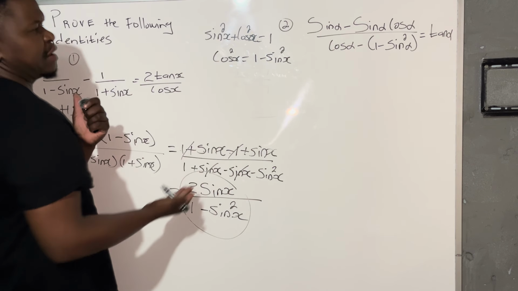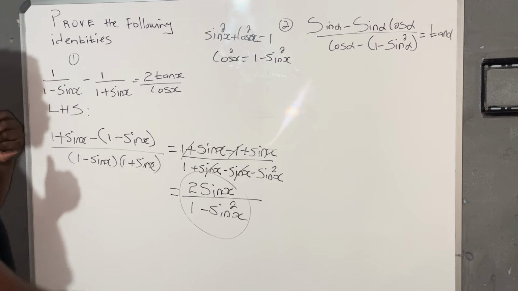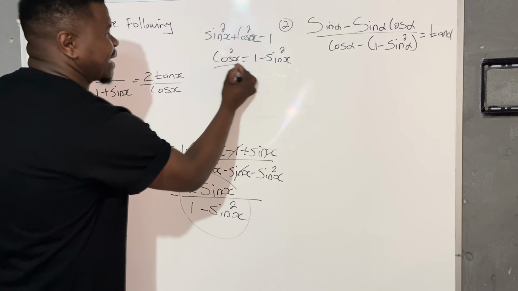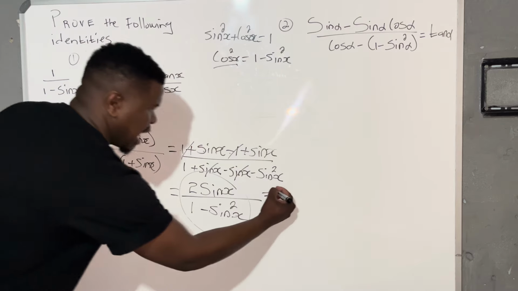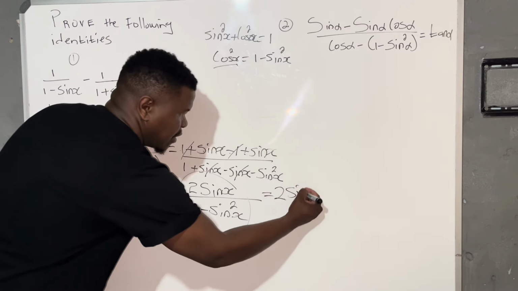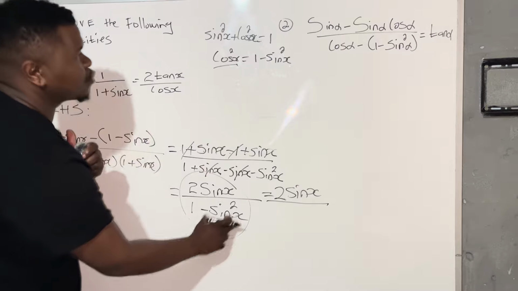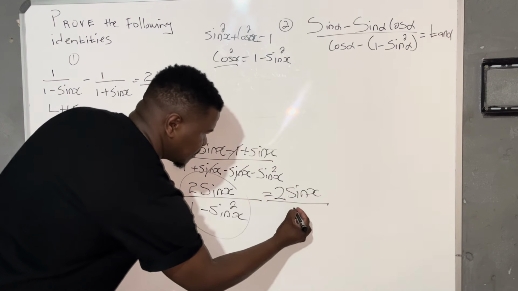I can make sine to be the subject of the formula or cos to be the subject, just to check which one will be suitable. So 1 minus sine squared, that means I can put a cos here. So now let me bring it here. I will have 2 sine of x all over, instead of 1 minus sine squared x, I'm going to put cos squared.